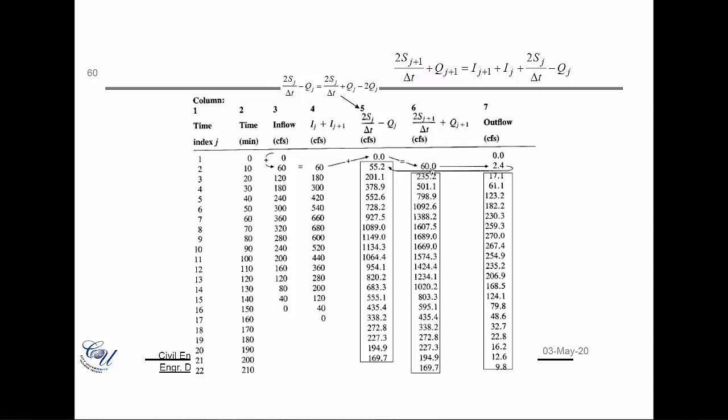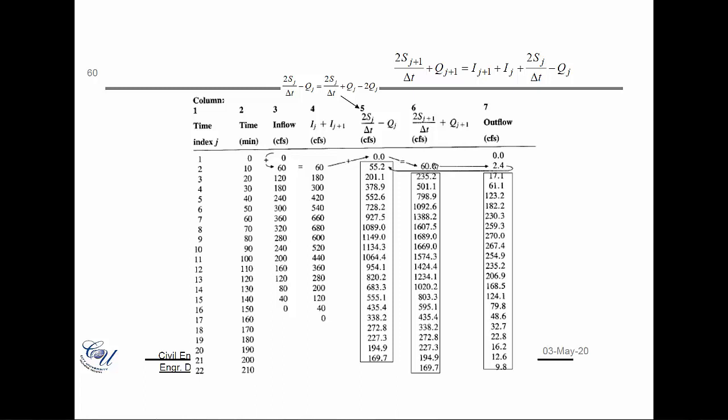Basically the formula is written here, which is 2S divided by delta T plus Q. So this 60 plus the previous value, which in the first row was 0, so 60 plus 0 will give me the 60 value here.